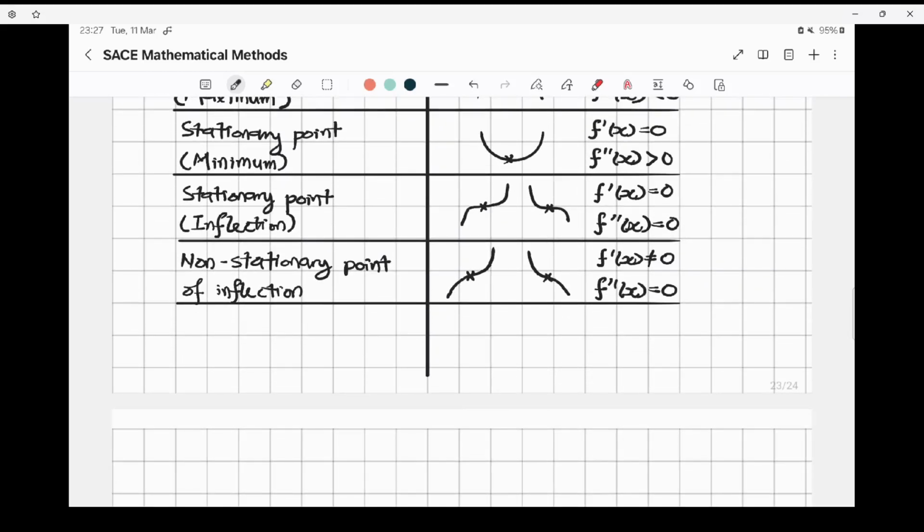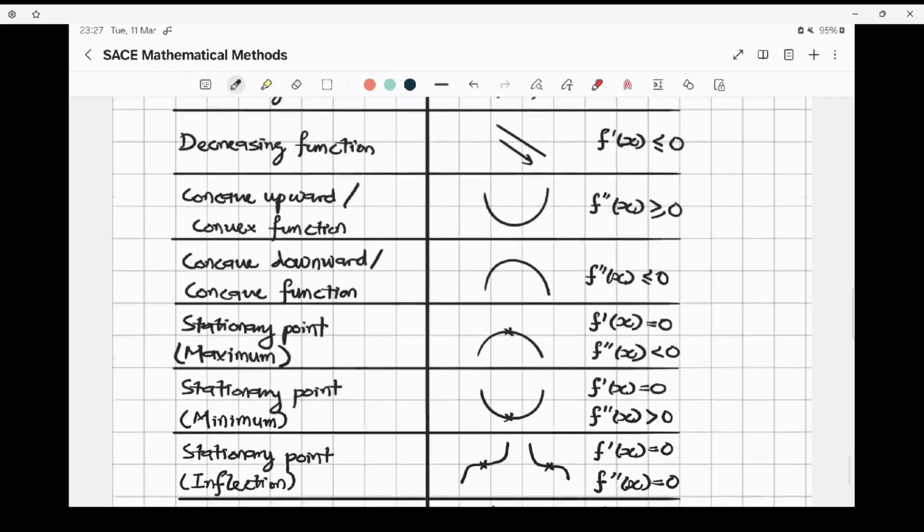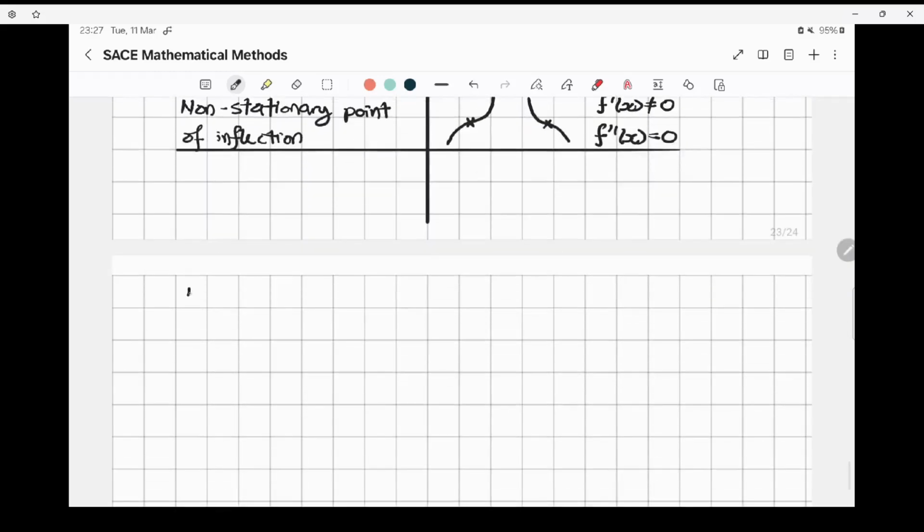So, what happens if you want to find a stationary point? In other words, what are stationary points? You can think of it as the point that marks the change from increasing.